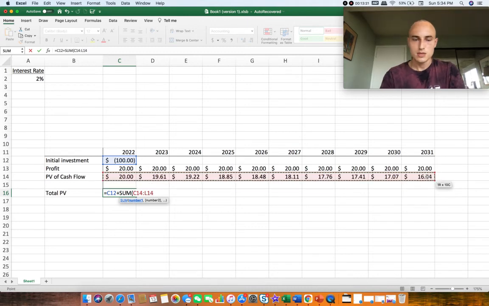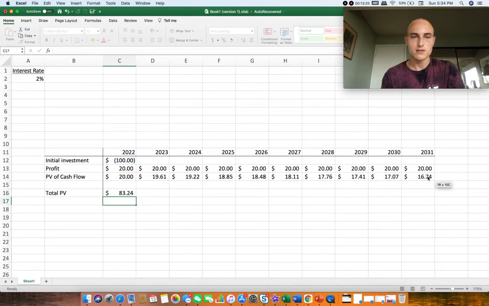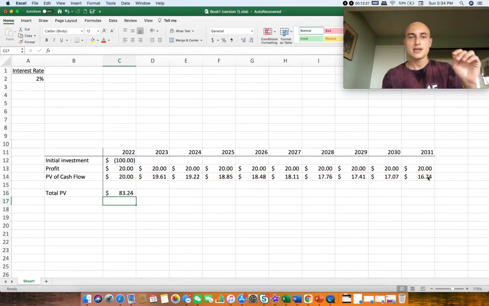Okay, we're going to close out our parentheses, and we're going to find out that the present value is $83.24, right? So this is a good investment given this interest rate and given these parameters.